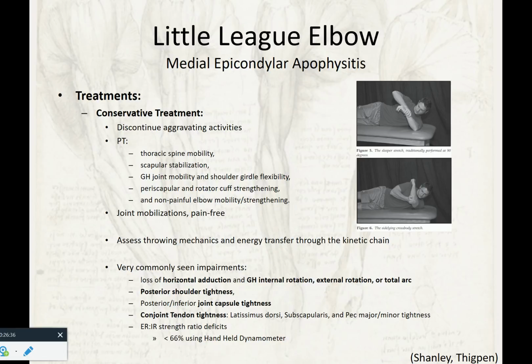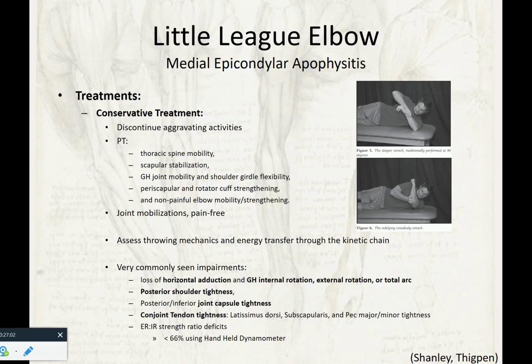You can also start working on throwing mechanics, and I routinely in the clinic have patients go through their lower body throwing mechanics with their arm tucked into their side, so they're not going through the throwing motion, but they're going through the overall kinetic chain from the foot all the way up through the thoracic spine, going through their throwing mechanics without the throw, essentially.